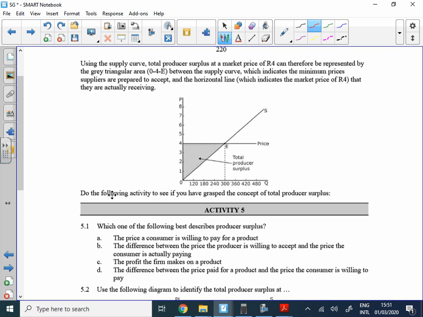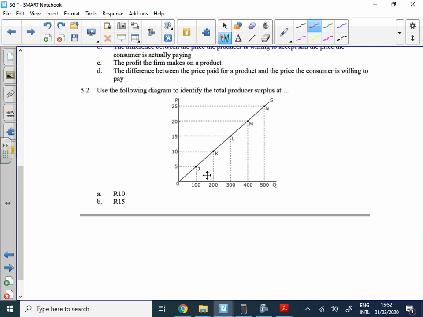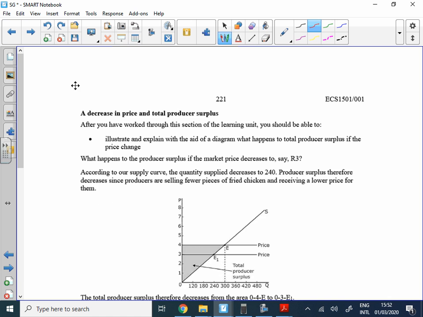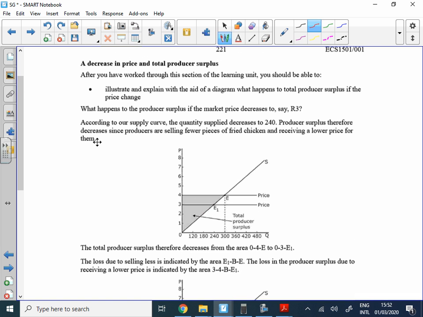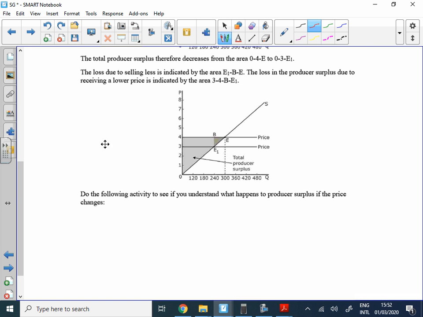And again, a change in price is going to influence the producer surplus. If price decreases, it means producers are worse off. If you are the consumer, though, it would be good for you. Yeah, they are always at each other's opposite ends.